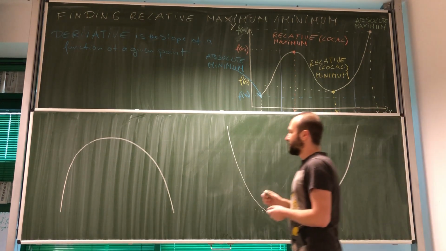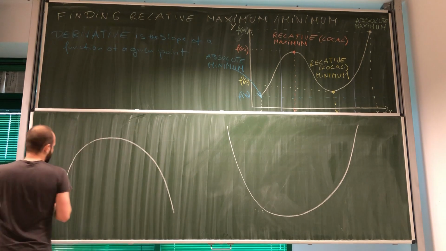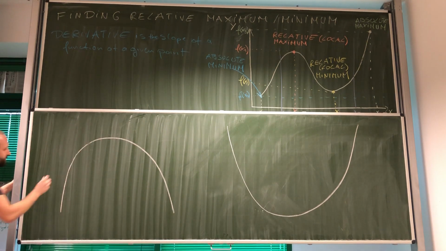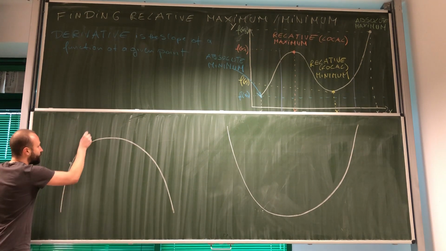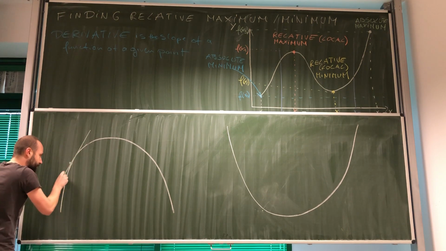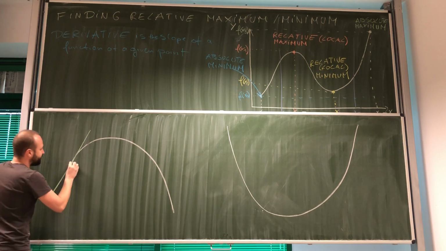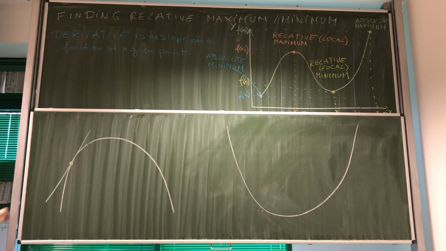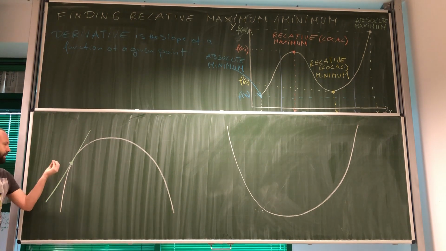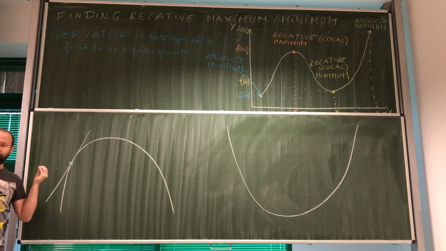Okay, look, derivative, of course, is interpreted as the slope of this line tangent to a function at this point. And look, what do we see over here? If I calculate derivative for this specific point, I see that the slope of the function is positive, which means that the function is actually increasing at this point.